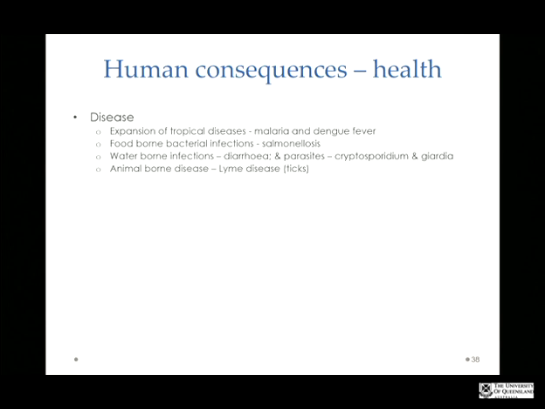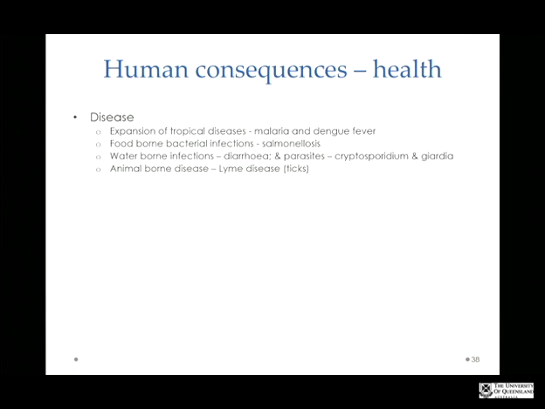So in terms of health, there's a bunch of different things. One's to do with the changes in range of different disease vectors. So malaria and dengue fever and things like that will start to spread further north or further south, away from the tropics and into more temperate regions.